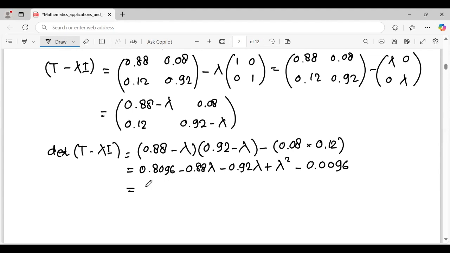And if you calculate, it will be lambda squared minus 1.8 lambda plus 0.8.